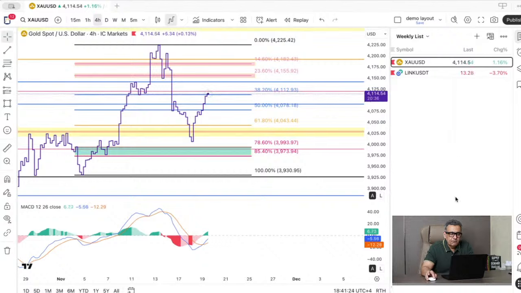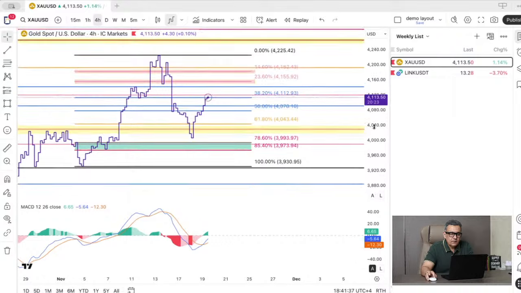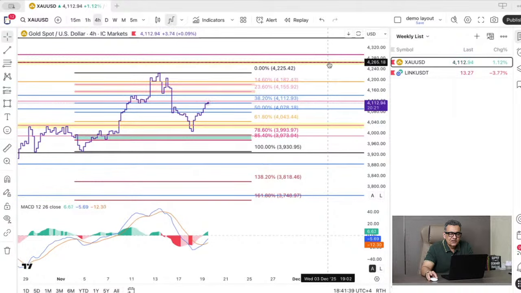And if you see a convincing break above 4155 or 4182 with a retest and then continuation higher, then the next zone to look for is 4265 followed by 4294. So in short, gold remains bullish to me, and I'm expecting gold to touch 4155 or 4182 in the near term. Maybe a pullback from the zone and then continuation higher.